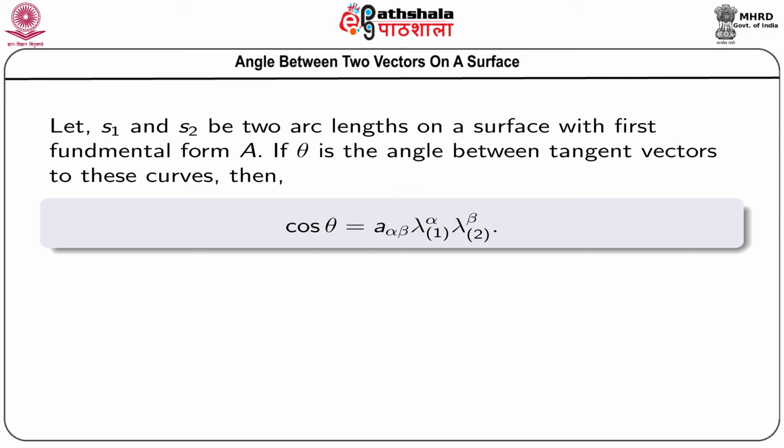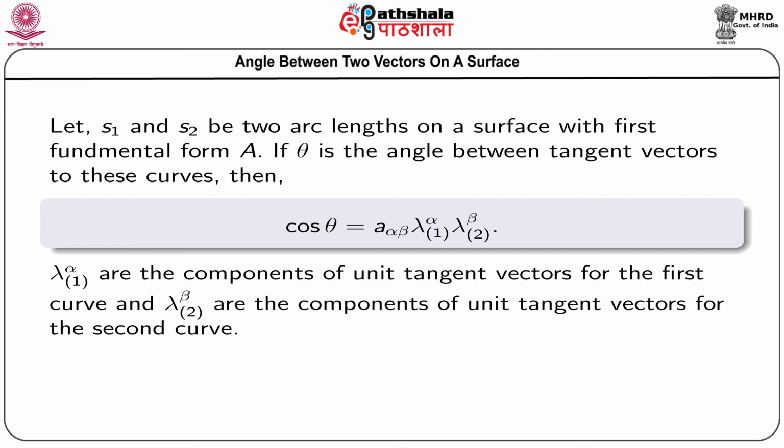So, the angle between them can be written in this form, and as they are unit vectors, there will be no denominator. So, cos θ is expressed in this way, where λ^α_1 are the components of the unit tangent vector for the first curve and λ^β_2 are the components of the unit tangent vector for the second curve.